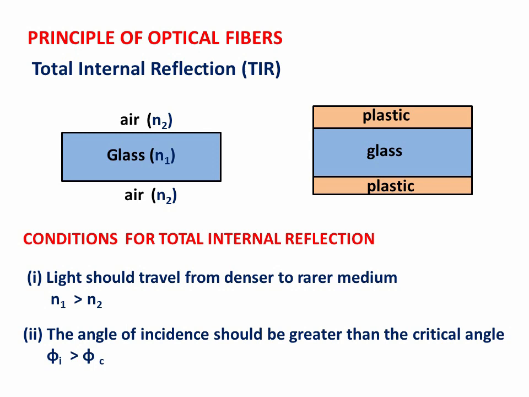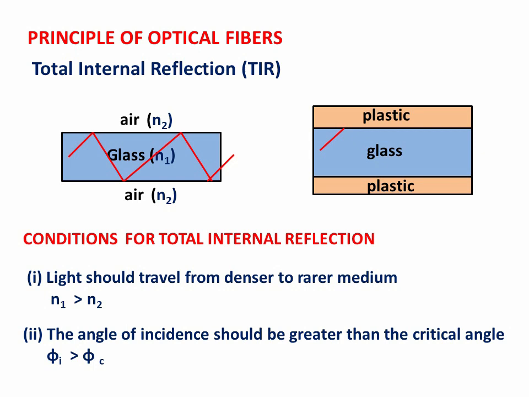Glass is denser medium, whereas air is rarer medium. When the light ray travels from glass, that is denser medium, to air medium, reflection takes place internally at a particular angle.